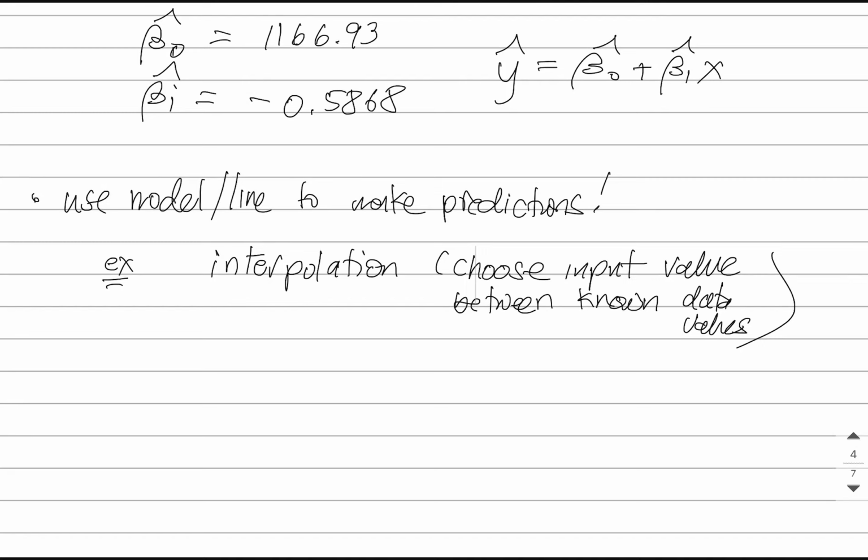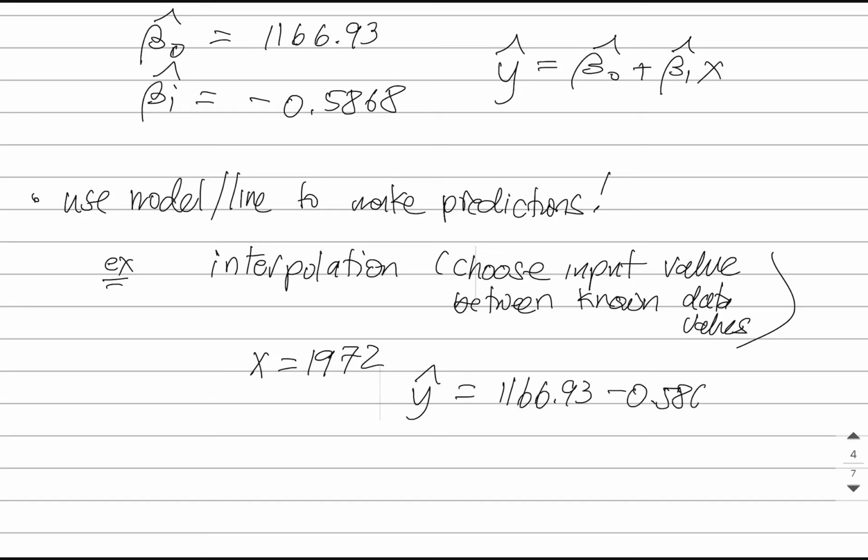So if I were to make a prediction and pick some other value, I'm going to rustle up a value here and try to make a prediction. If I were to, for example, take 1972, I could make a prediction about what the value would be.